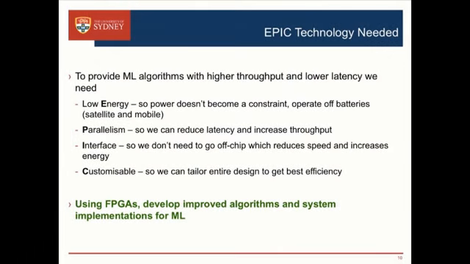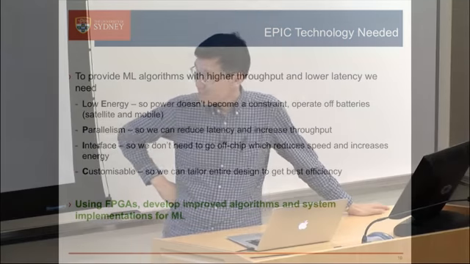There have been significant improvements in machine learning algorithms, obviously, but we argue that we can't learn at the data rates at which we can generate the data. So we argue that EPIC technology is needed to deal with this.